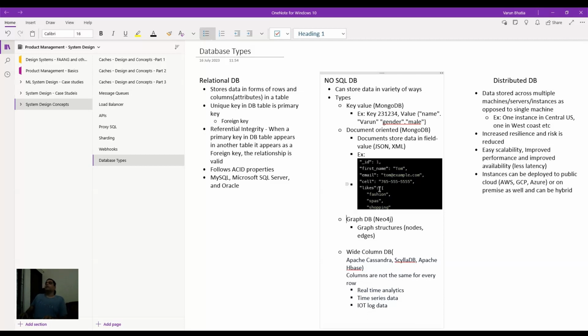Correct. Then the next type inside NoSQL databases is the Graph DB. Neo4j is a classic example. They've been around for long, and when you talk about graph databases, they have a node and edges structure. A lot of the social media sites would actually use graph databases because it's easy to traverse a graph to understand what the relations are.